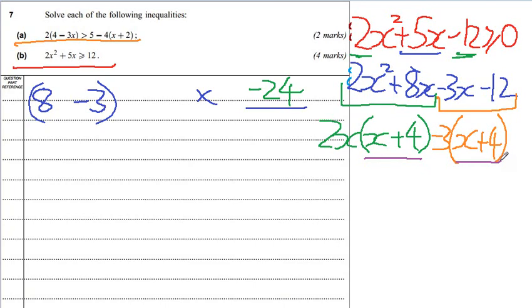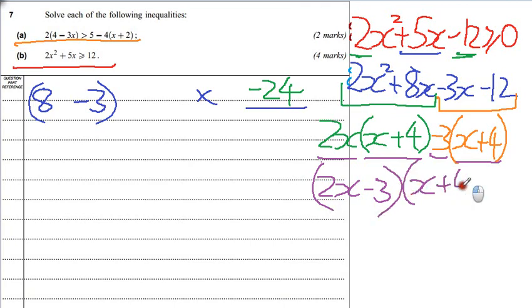So then the next thing, take 2x minus 3, we've taken that from there and there. That's one of the brackets. The other bracket is your identical x plus 4s. So remember, I should have maybe done this all the way through, but this is always greater than or equal to 0. And then you get left with two numbers. If you were doing this as an equals, then you'd have two numbers.